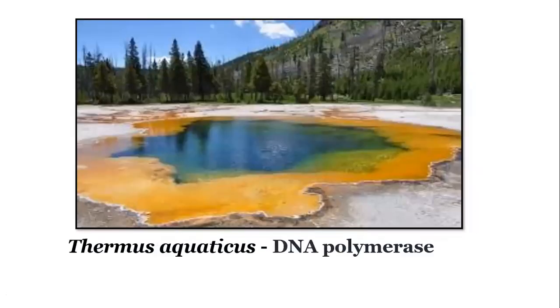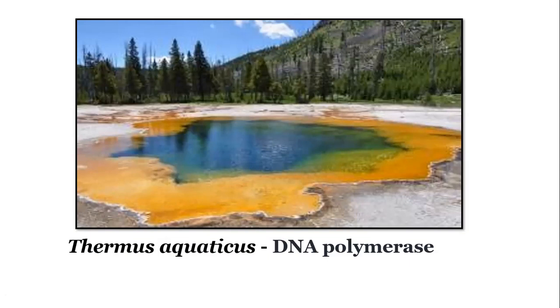Now, Thermus aquaticus is a thermophilic or heat-loving bacteria. It is found in hot springs. It was first isolated from the hot spring of the Yellowstone National Park. You can see here in the picture. From this bacterium, a heat-resistant enzyme, Taq polymerase, is isolated.